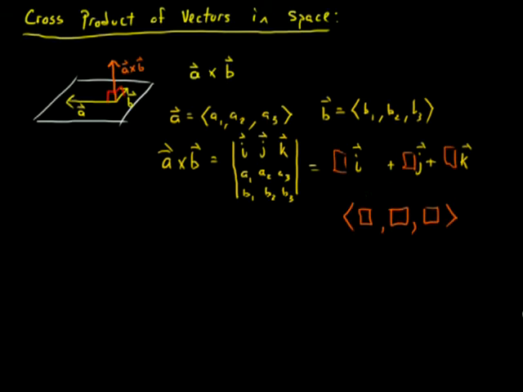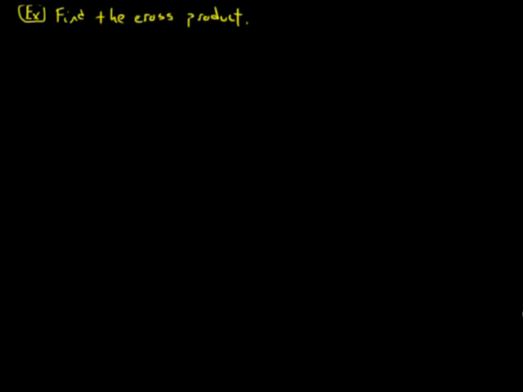So let's do an example of this, in which, actually, I'm going to steal a problem right here. Find the cross product, and then once I do that, we'll actually be able to use the inner product or dot product as a check to verify that our answer is in fact perpendicular to both of our starting ones.